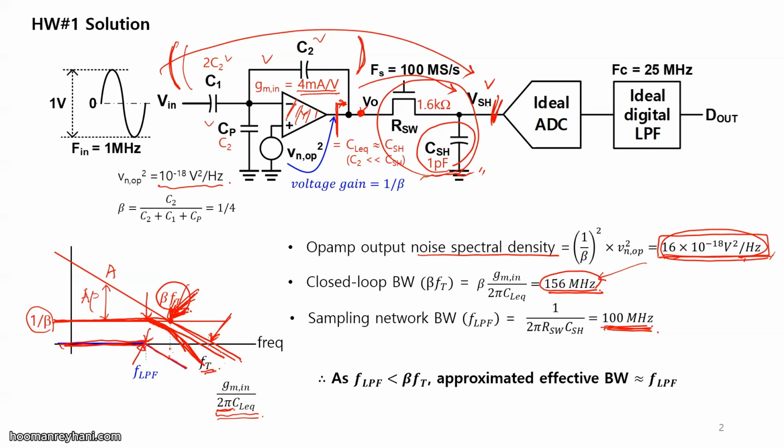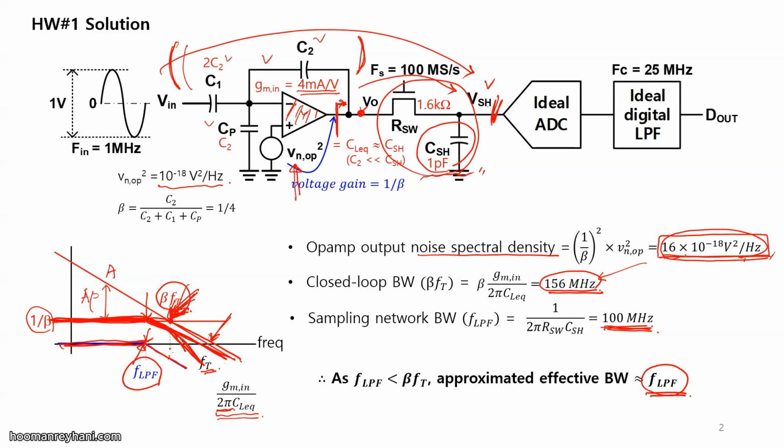So ideally, simply what we have is this one pole system, right? So effectively the bandwidth, because the low pass filter's bandwidth is lower than this amplifier's bandwidth, let's just take this one, okay?